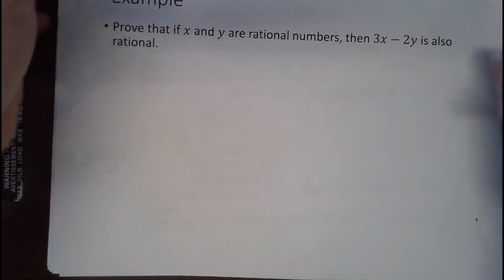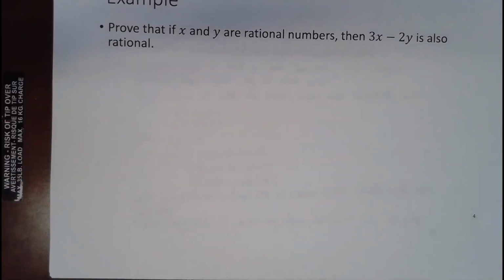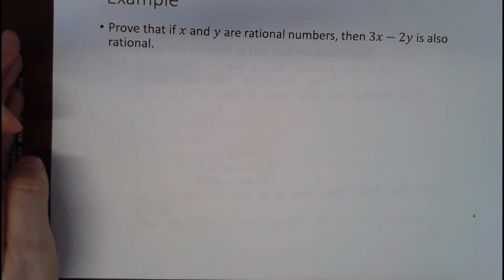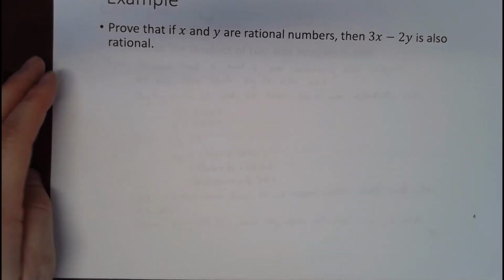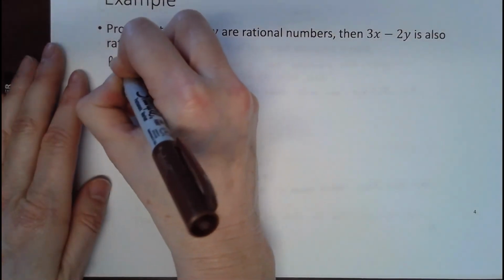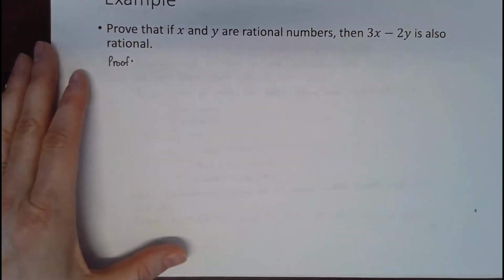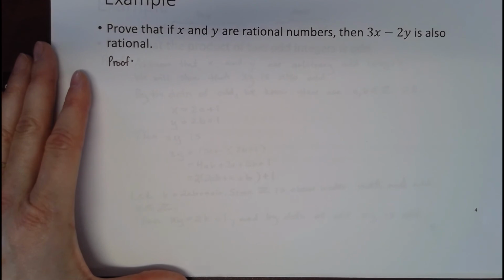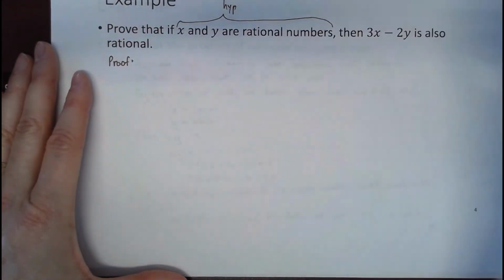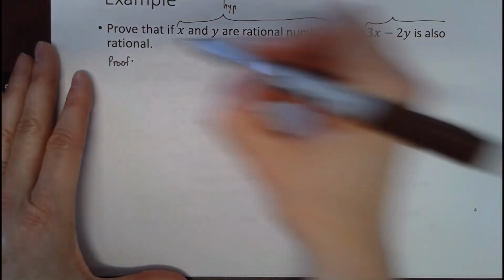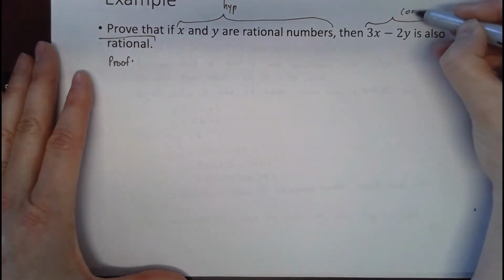Okay. So let's do one with rational numbers. This might be the last one we have time to do. Prove that if x and y are rational numbers, then 3x minus 2y is also a rational number. This one is pretty easy to see: this is our hypothesis and this is our conclusion.